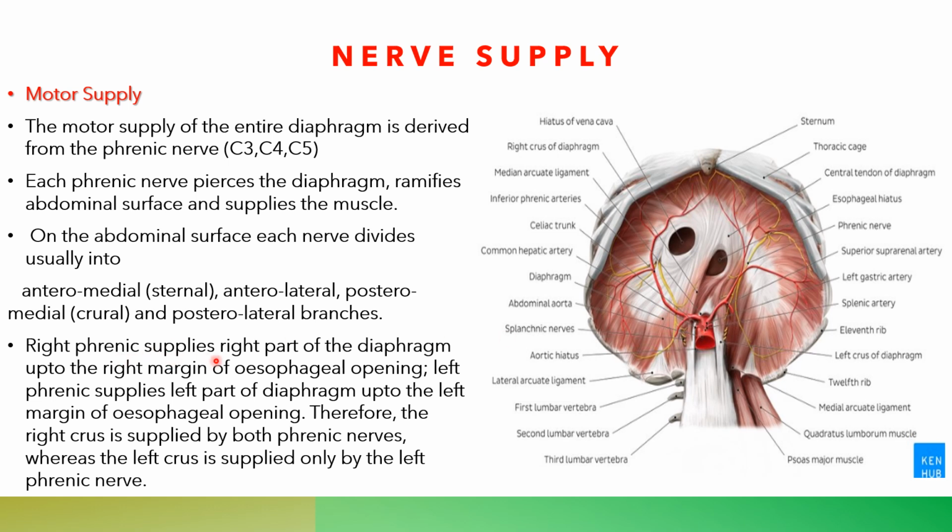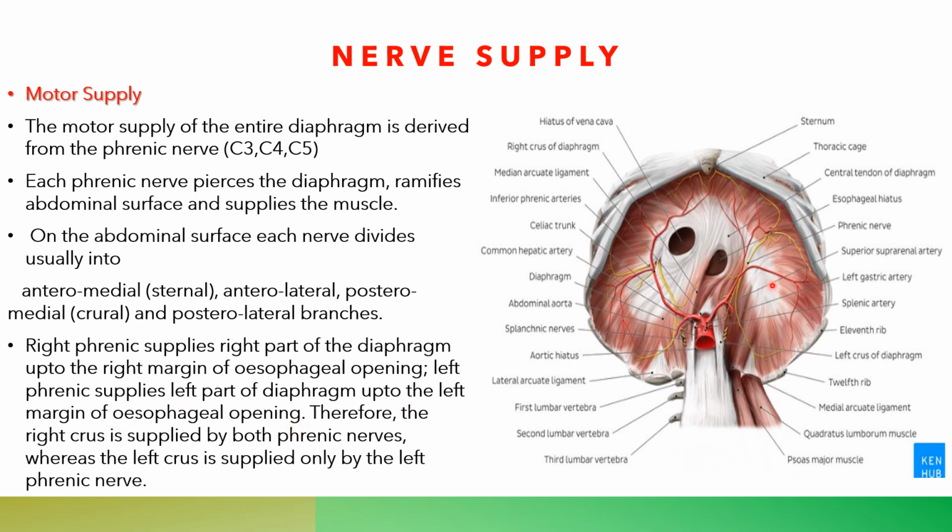The right phrenic nerve supplies the right part of the diaphragm up to the right margin of the esophageal opening, as we can make out in this diagram. The left phrenic nerve supplies the left part of the diaphragm up to the left margin of the esophageal opening.